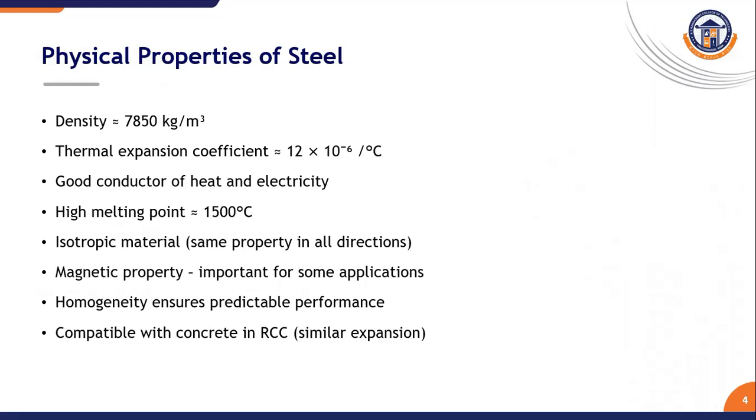Steel is a good conductor of heat and electricity and has a high melting point of around 1500 degrees Celsius. It is a homogeneous material, meaning its properties are the same in all directions, which makes design calculation very easy. Due to its homogeneous and magnetic properties, steel is widely used in both structural and industrial applications.